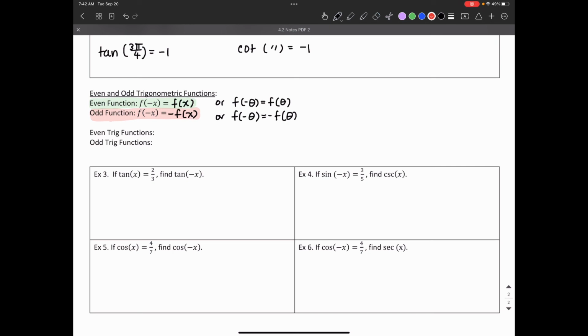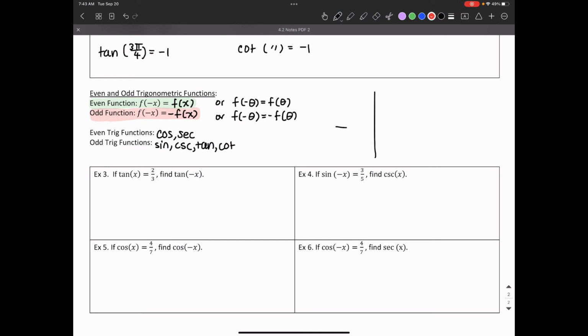So even trig functions are cosine and its reciprocal secant, and the odd trig functions are sine, its reciprocal cosecant, and tangent, and its reciprocal cotangent. So even trig functions are just cosine and its reciprocal, and everything else is an odd trig function.